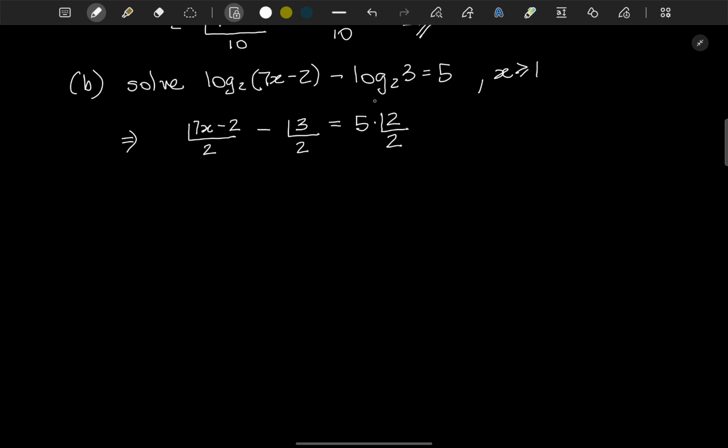Okay, now here we can shift this up here, can't we? But we can do some work on this side as well, because we've got a negative in the middle here.